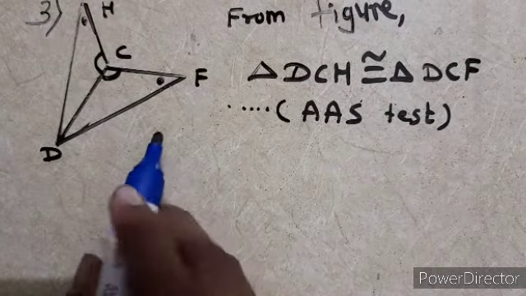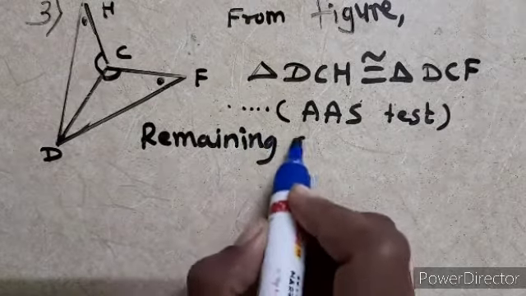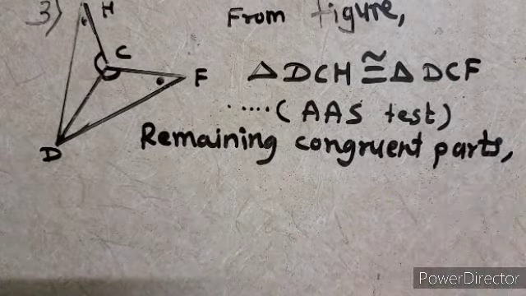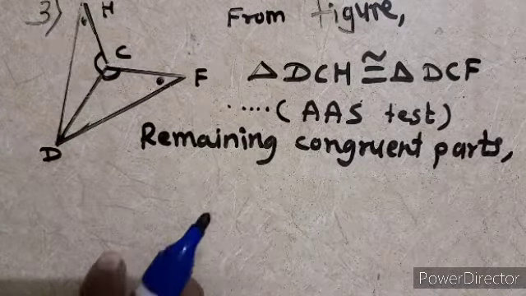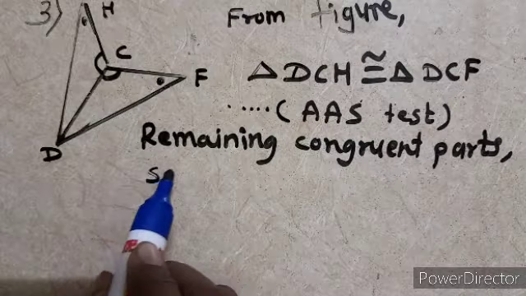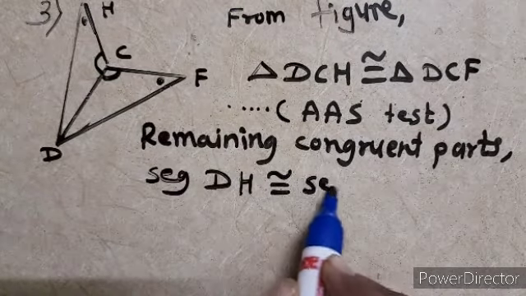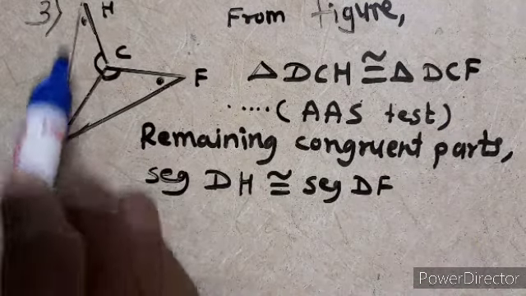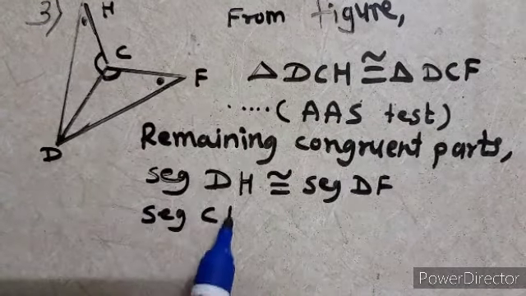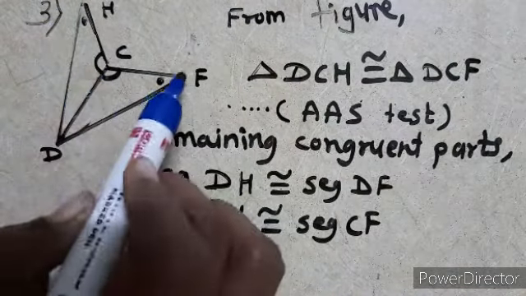The remaining congruent parts are segment DH congruent segment DF, DH congruent DF, segment HC or segment CH congruent segment CF, CH congruent CF.